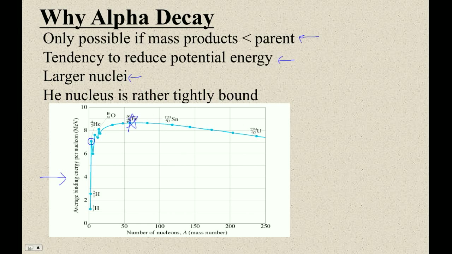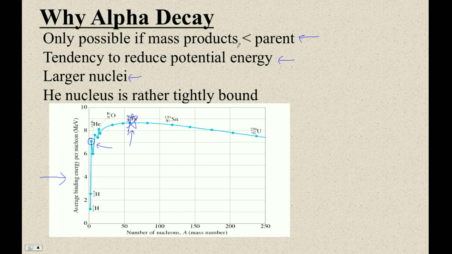Here we can split the nuclei apart and get them to be like this and release energy. And then here we can put nuclei together and release energy to make them more like this. So stars tend to, early on in their life, combine nuclei like this and release energy. This is the most stable atom right there, about iron or nickel. And what I'm saying here is that a helium nucleus is pretty tightly bound for a small thing.